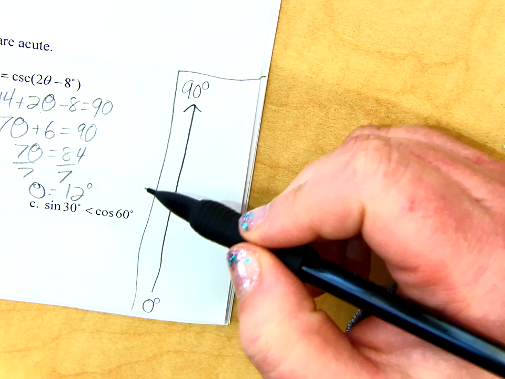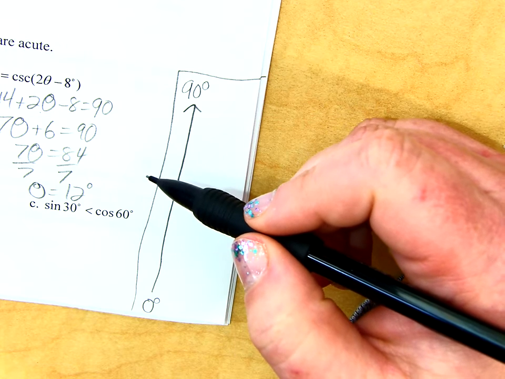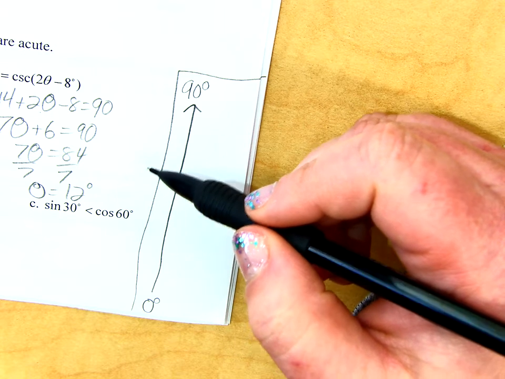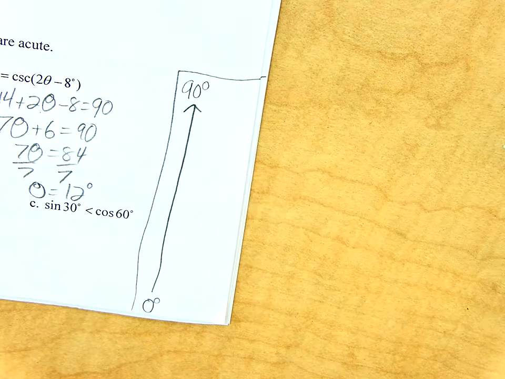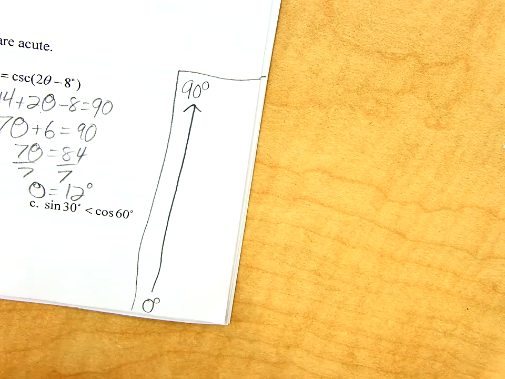As the angles got bigger, what happened to sine? Do you remember? As the angle got bigger, what happened to sine? Yeah, sine actually gets bigger.